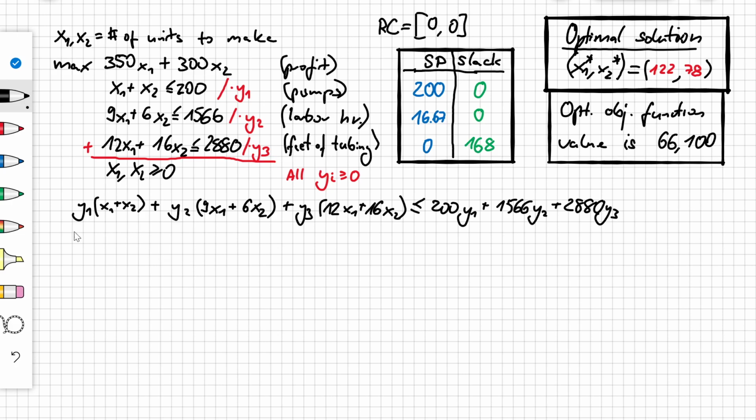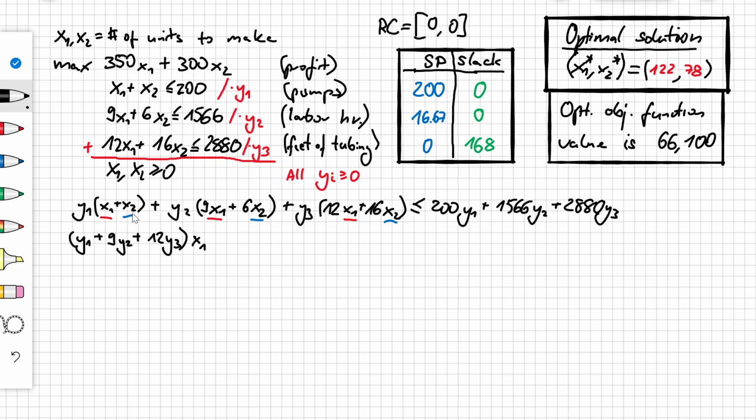Okay, now I'm going to rearrange the terms here. I observe that x1 is here, here, and here, so I can take all the terms related to x1 and put them together, multiplied by x1. The same for x2, which appears in these three places. For x1, I will have y1 plus 9 times y2 plus 12 times y3, all multiplied by x1.